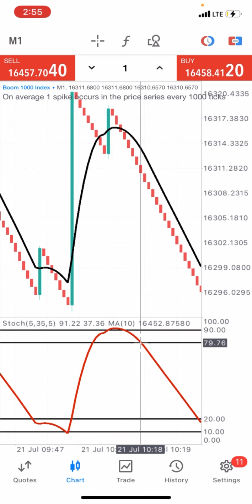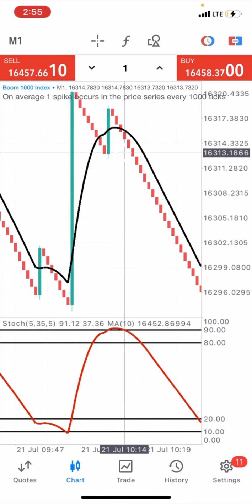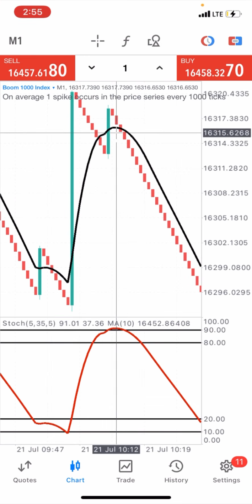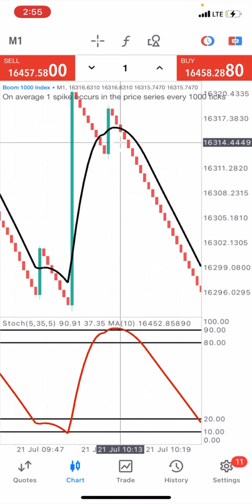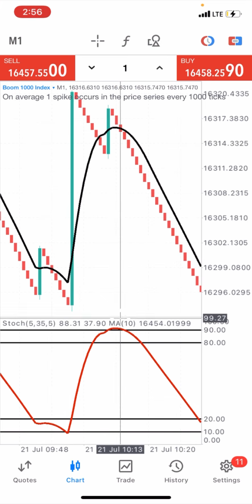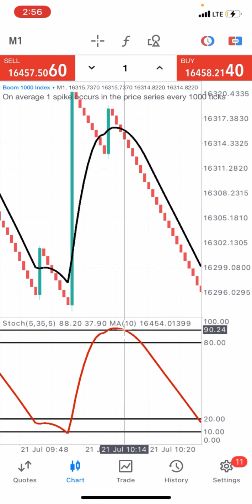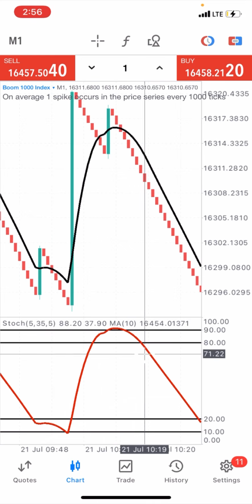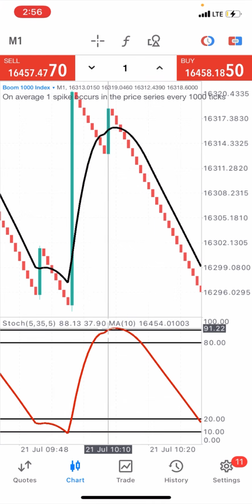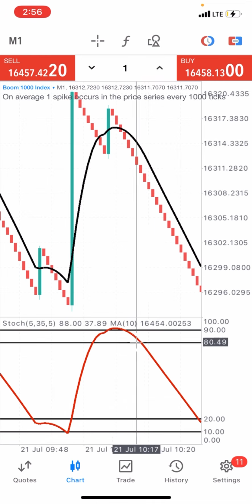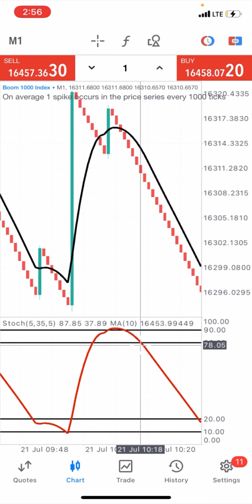Once that happens, you have yourself an entry. Ensure to see that the market has sold below your moving average on the main chart, and also ensure that the moving average on your indicator window has gone to level 90 and dropped below level 80. That will give you a perfect entry.